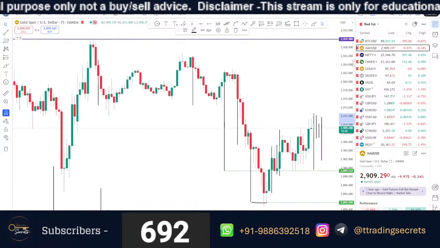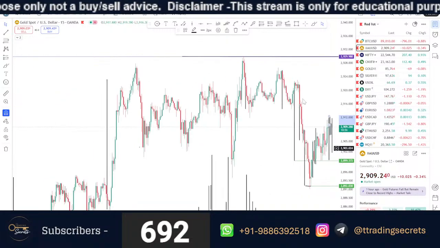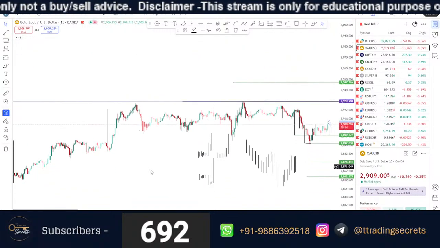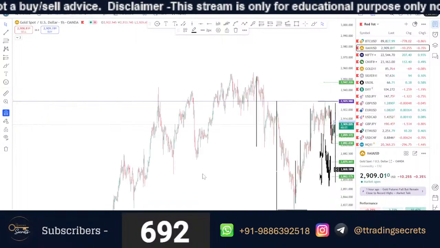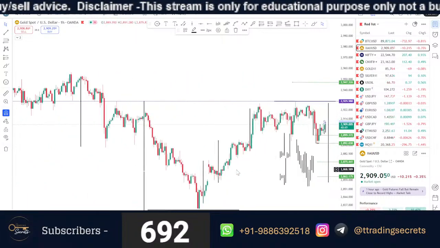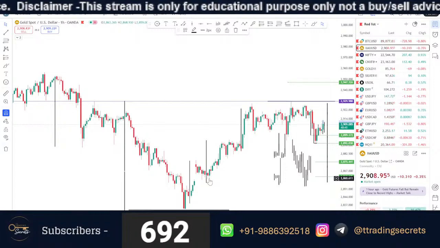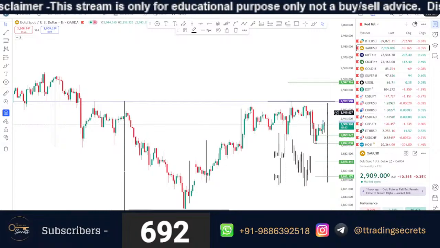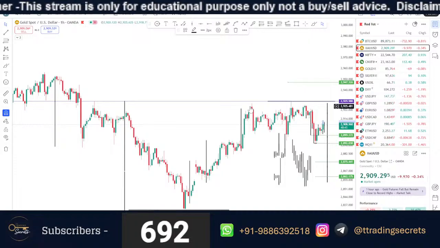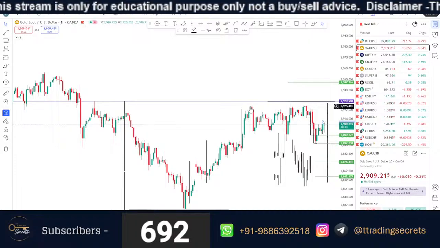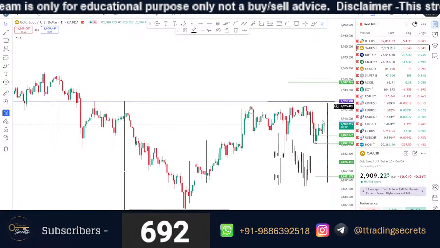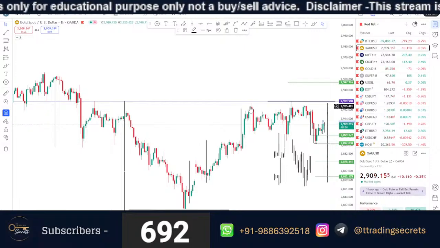After that long closed, we took a short. Post this closure of this gap up opening, we entered over here at 28.60. Post 28.60, the market made the move. It got closed at 29.25. Then we took a short trade. The short trade is currently running.